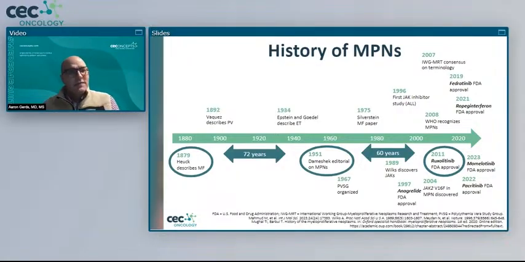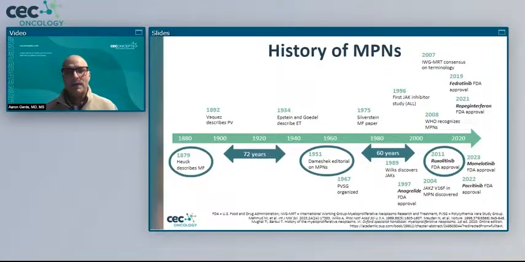The history of MPNs is long. If we look all the way back to 1879, Heuck described the first cases of myelofibrosis. And then 72 years later, Dameshek made a really insightful postulation that MPNs in general, ET, PV, myelofibrosis, were all very similar with similar clinical features, and there must be some sort of unifying pathologic feature amongst them all.